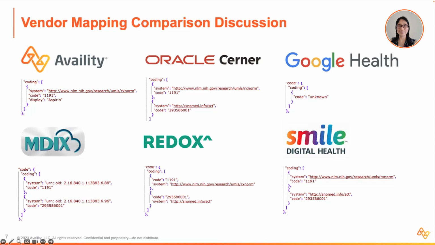I'm using this one example to give you a sense of how that discussion happened, from what could be very different mapping outcomes from the different vendors to the final recommendation that the group made. This is an allergy code mapping where the source has an RxNorm code of 1191, which stands for aspirin.